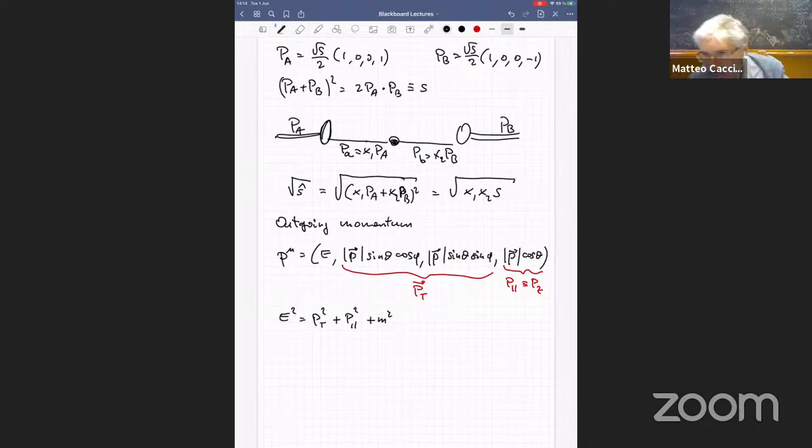These are the relations that Stefania Gori wrote down yesterday. From these things, let us introduce two more very relevant variables for hadron colliders. The first one is the transverse mass.